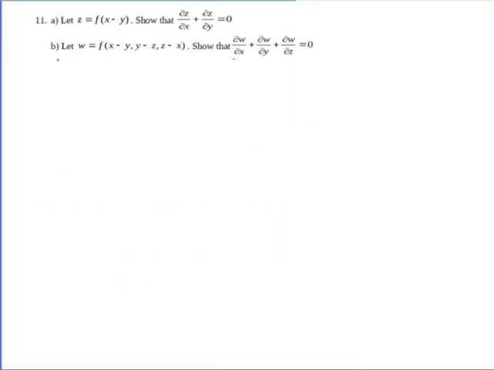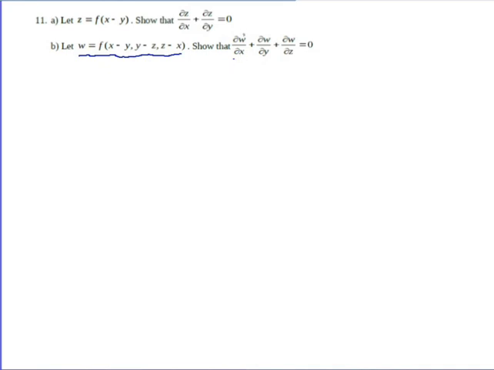Okay, now let's see the B part. In B we have: let w be f of x minus y, y minus z, z minus x. So this w is a function of x, y, z.